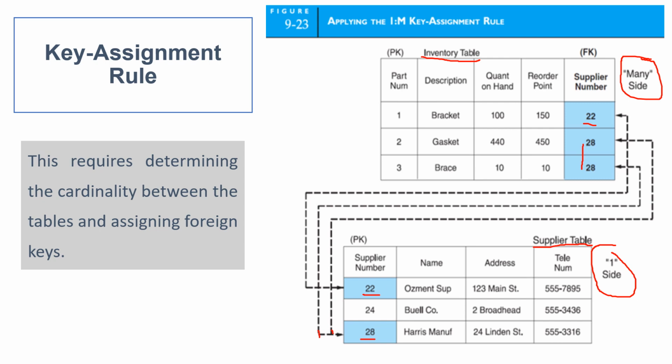So that's how we explain the cardinality key assignment rule between tables.